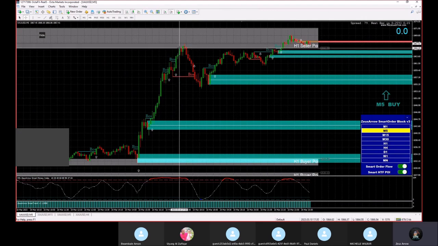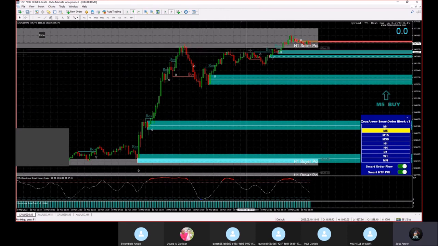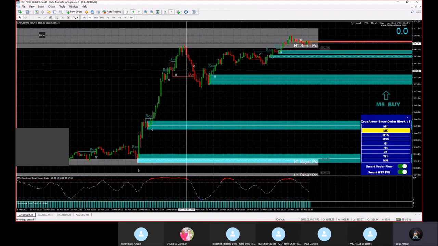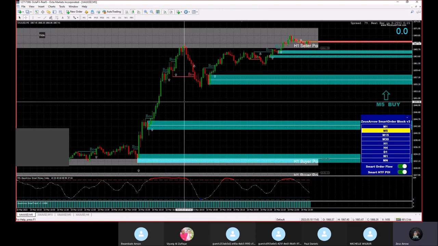Now from here you can see that this has moved over 100 pips, but there could be a chance that it could have gone continuously up there. So you cannot be the early sellers. You need to make sure that we have a confirmation.